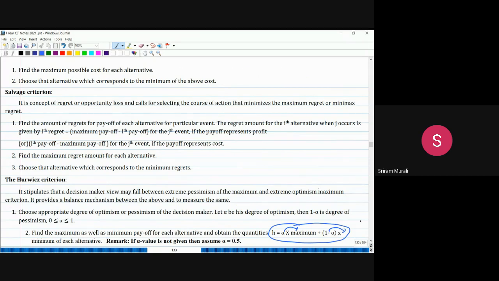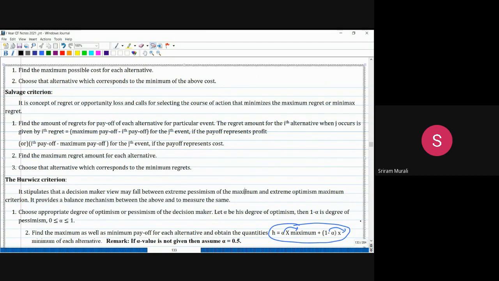Actually, this must be the minimum, the extreme pessimism. So H is 1 minus alpha into minimum plus alpha into maximum. That is my H, the payoff value, that respective value.